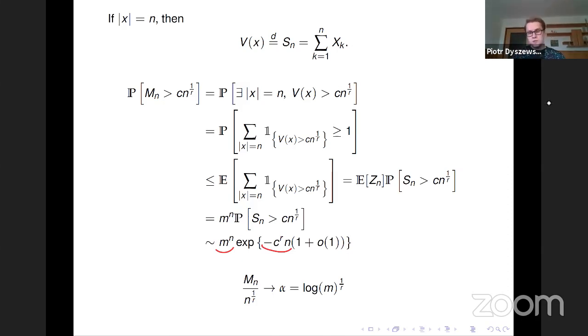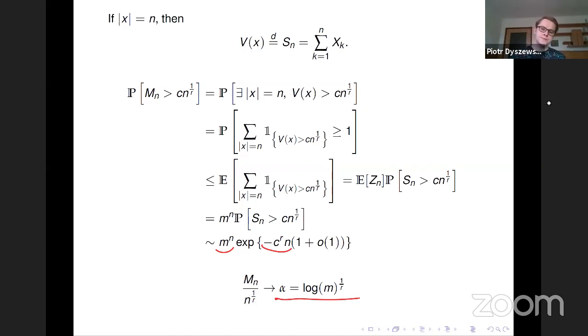And this leads to basically a prediction of the first order term being n to the power 1 over r times alpha, and this alpha is exactly given here.